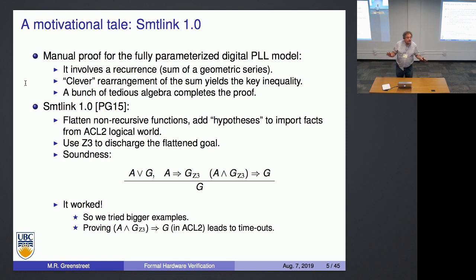We're really happy. And of course, the other recurring theme in this talk is that whenever we can successfully verify something, we try to verify something bigger. Right? And if you do that, you constantly bump yourself into scalability issues. So sure, this worked. And what's the scalability issue as you try bigger things?